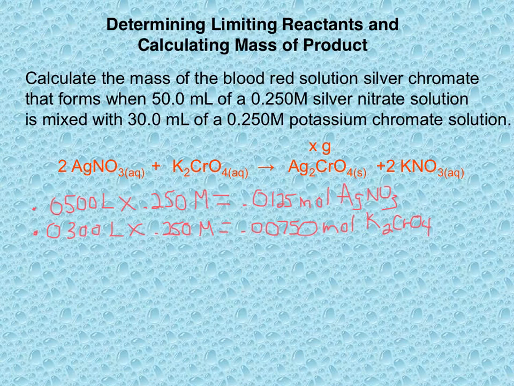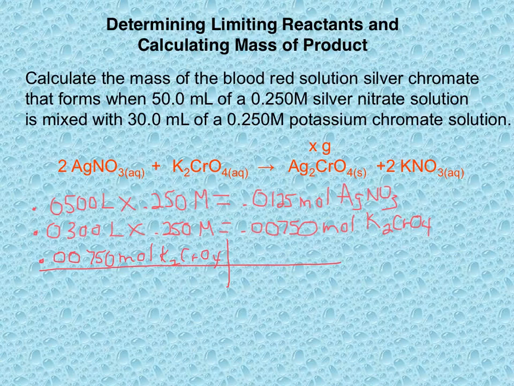So here we go. We'll start with the potassium chromate. 0.00750 moles of K2CrO4, potassium chromate. According to the balanced chemical reaction, we're going for the silver chromate here.